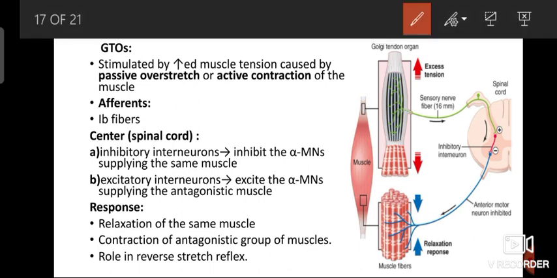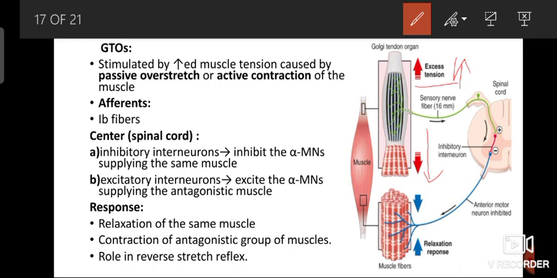So we understand this diagram. There is a muscle. In the peripheral part of the muscle, there is a tendon present on this part of the muscle. This is the Golgi tendon organ. Whenever the Golgi tendon organ has excess tension, it can stretch. What happens?